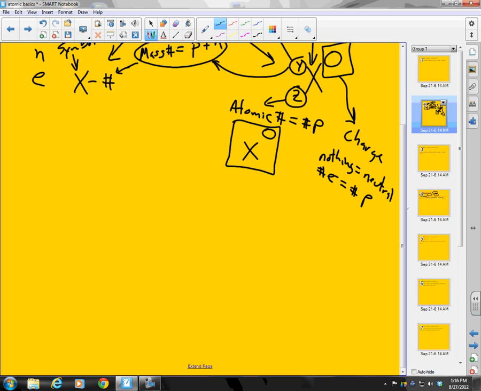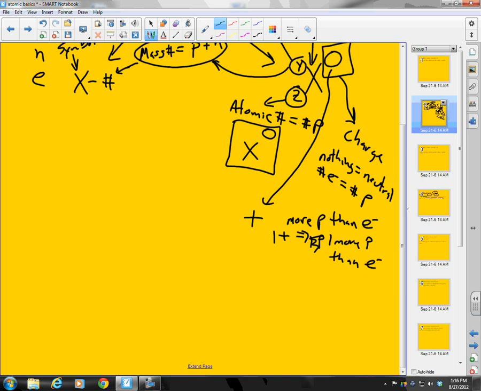But let's extend the page here. What if my number up here is a positive number? Well, positive means it is not neutral. And what things are positive? Protons. So if it's a positive number, that means there are more protons than electrons. If it's a 1 plus, that means there is one more proton than electrons.